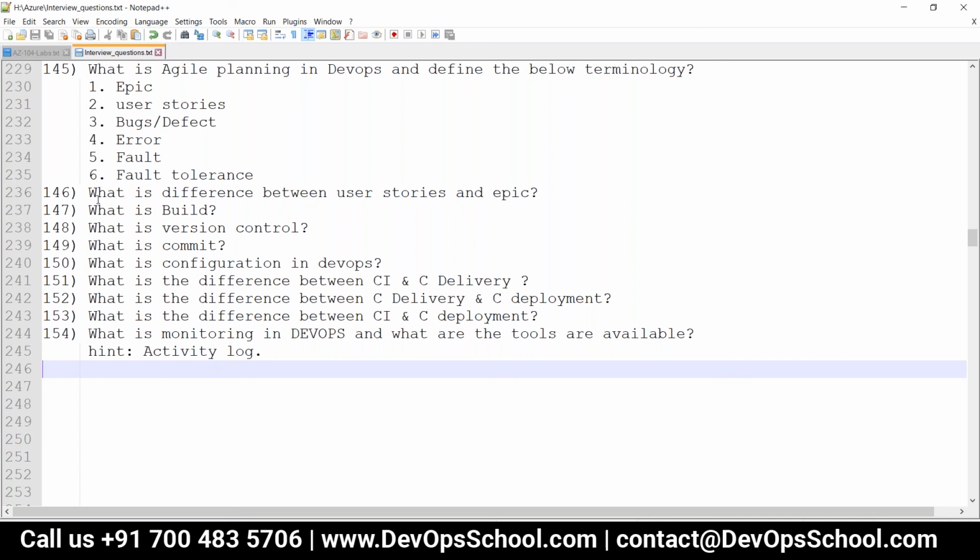One more thing, whenever you join any new project with Azure DevOps, you should have the knowledge of Azure DevOps.